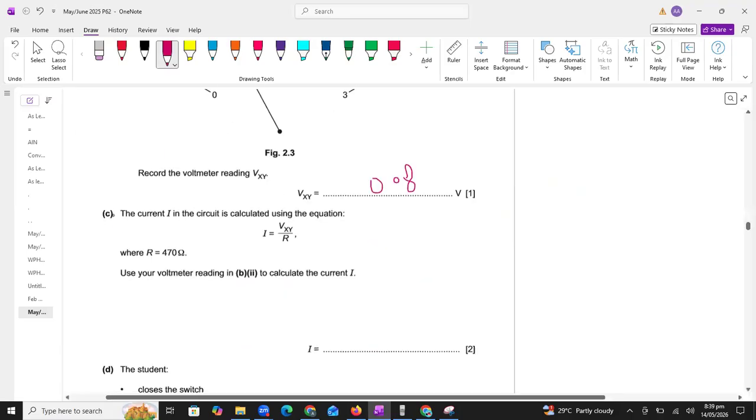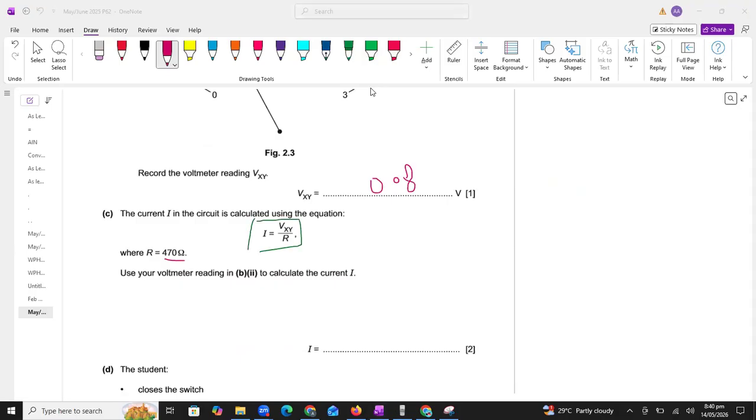Now, students, in the next part, the current I in the circuit is calculated using the equation. So I is equal to voltage across the terminal XY divided by the resistance, and resistance value is given 470 ohm. So it's a very simple question. You can see the formula is given and just you have to put the values in the formula, simplify it, and you will get 2 marks. Very easy question, student.